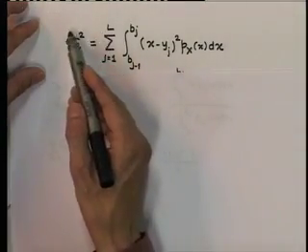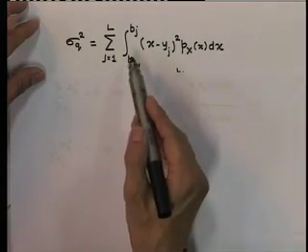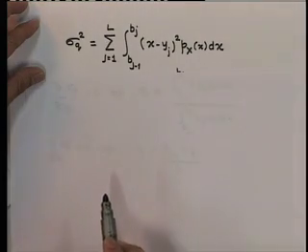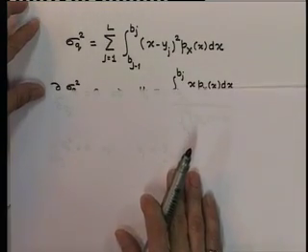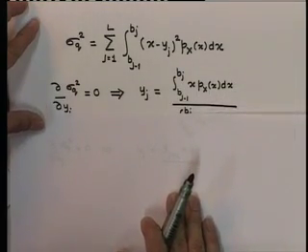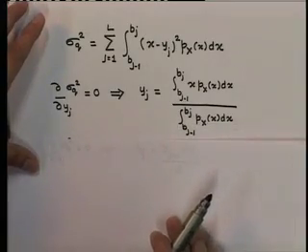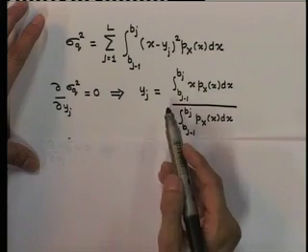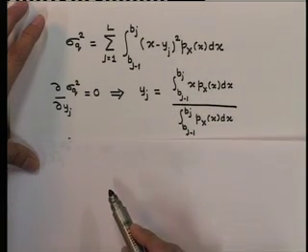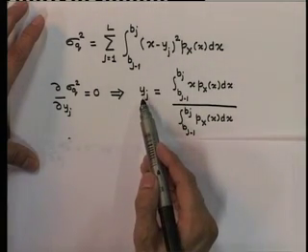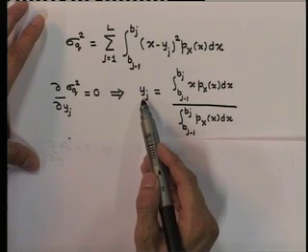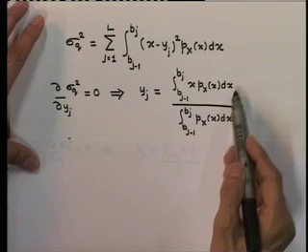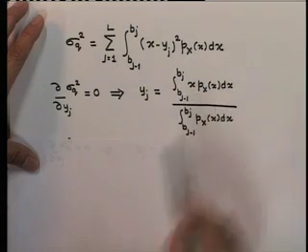Setting the derivative of this equation with respect to yj to 0 and solving for yj, we will get the following expression. What this expression suggests is that the output point for each quantization interval is the centroid of the probability mass in that interval.